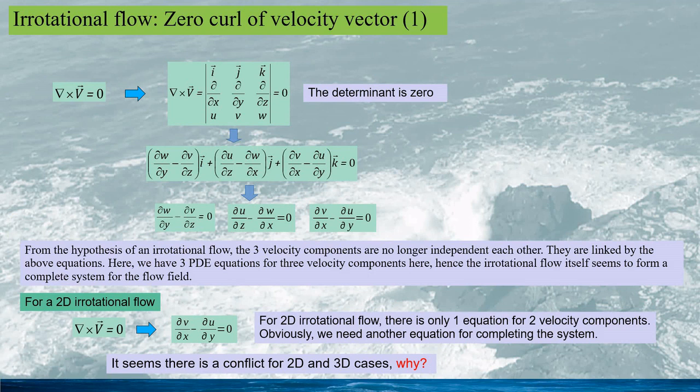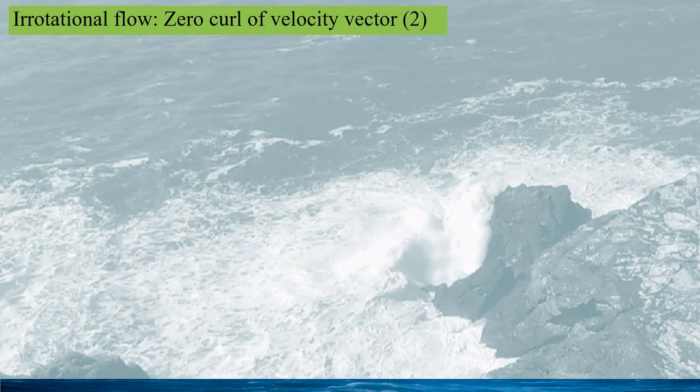Superficially, we can see there is a conflict between 2D and 3D cases, since the 3D case seems a closed system, while the 2D case is not. Is this true? Or why do we have such a conflict for 2D and 3D cases?